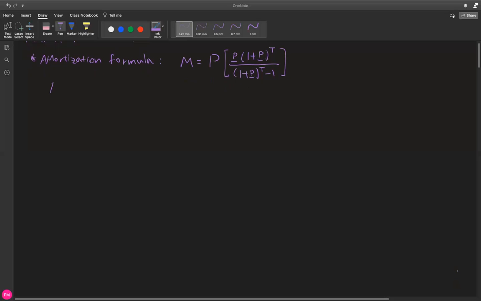And here, M is the monthly payment. And P is the total amount of the loan, so in this case it's the principal. And the lowercase p is the monthly interest.